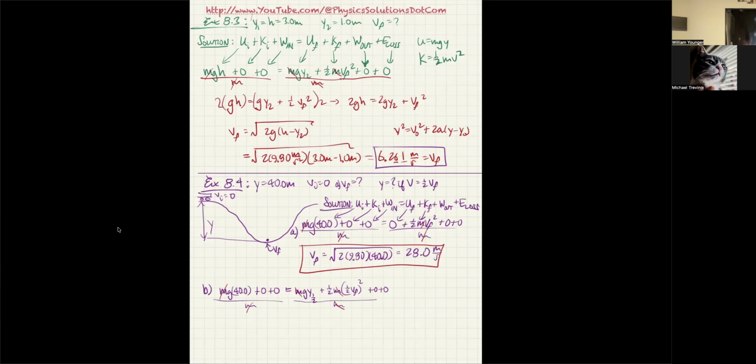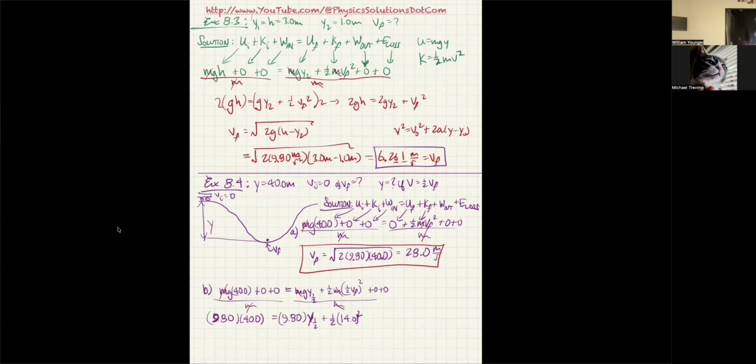Plugging the numbers in gives me 9.80 times 40.0 equals 9.80 times y 1/2, which is what we're looking for, plus 1/2 times half of v final, which is 14.0 meters per second. So I'm just going to square that.